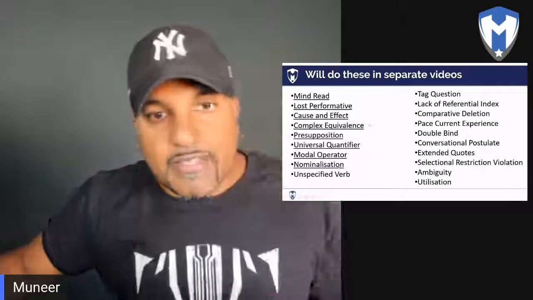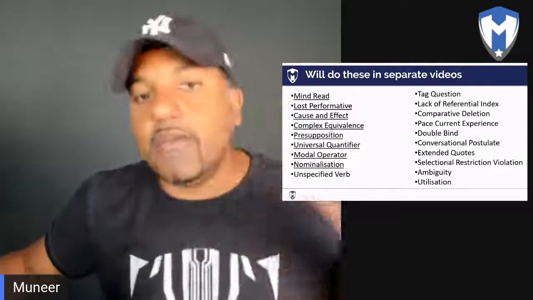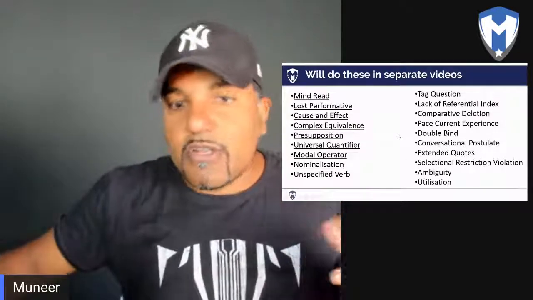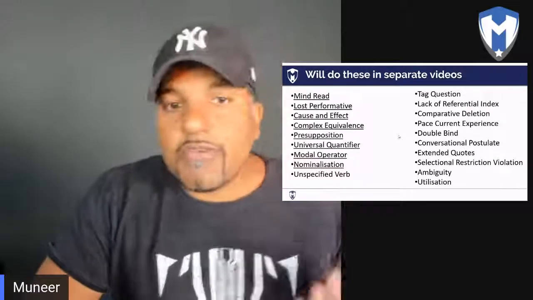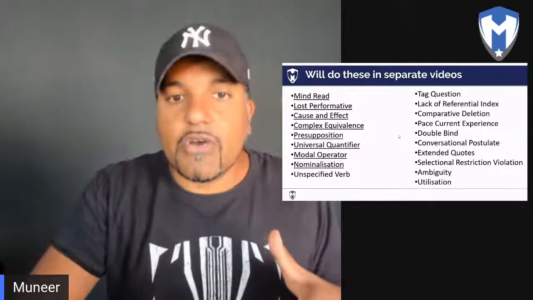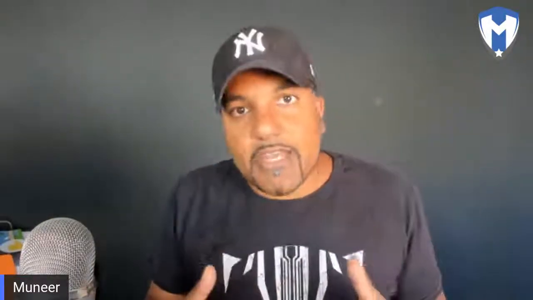That example is something we call a complex equivalence. I don't want to go into all of these different things, but this is what the Milton model is made of. These are all the different areas, and I'll do a video on each of them, but I wanted to give you in this video an understanding of what hypnotic language is and how it works in the foundations.